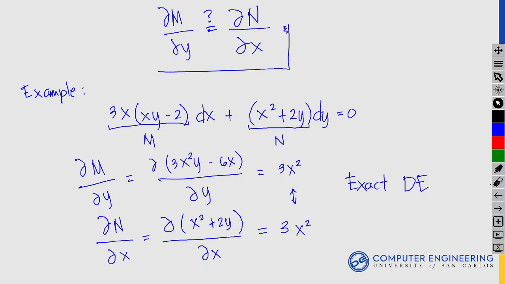The next step will be the start of our solution. Remember that we assumed that the derivative of f is equal to, as long as we have, this is the solution we are looking for, f. The partial derivative of f with respect to x, since we know that this is an exact equation, is equal to M, which is 3x²y − 6x.